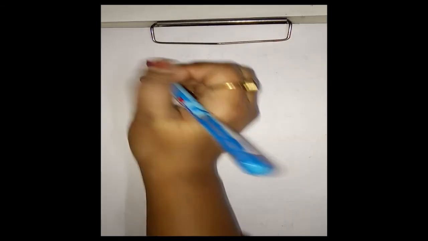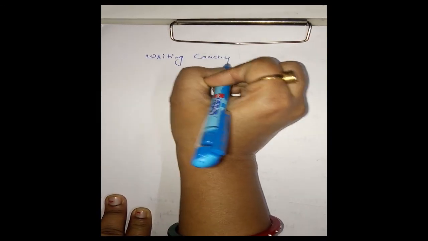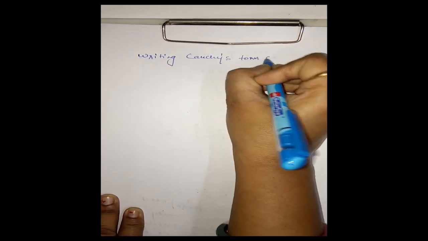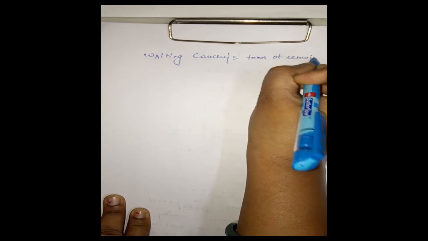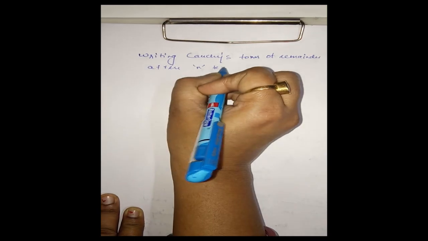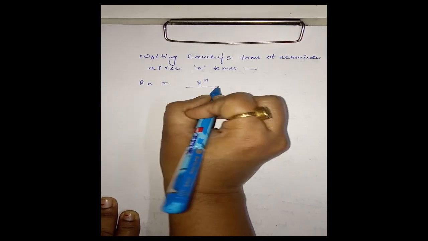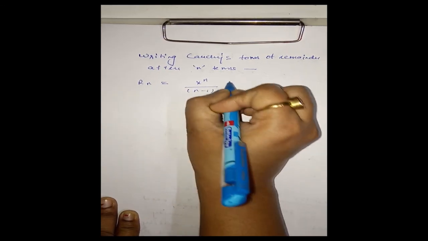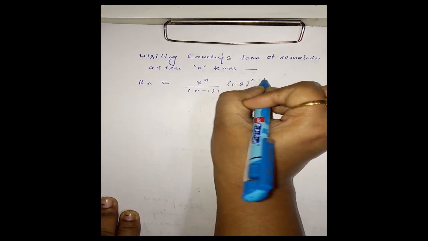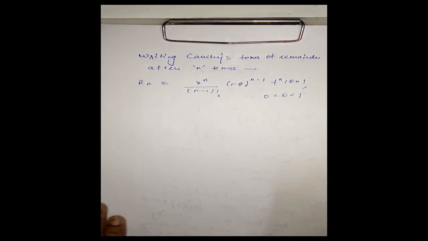Now, writing Cauchy form of remainder after n terms, we have Rn is equal to x^n by (n minus 1) factorial, times (1 minus theta) power n minus 1, times f^n of theta x, where theta lies between 0 and 1.